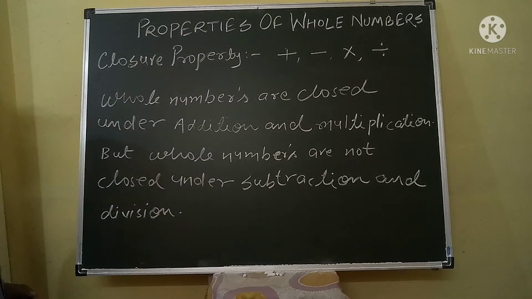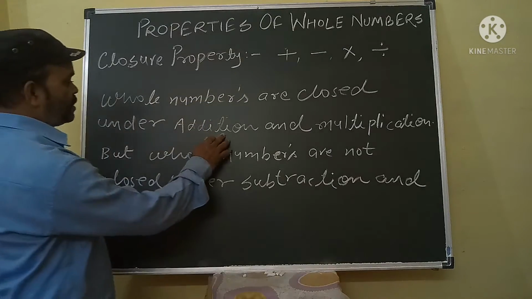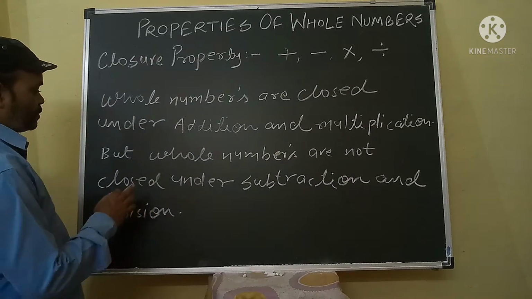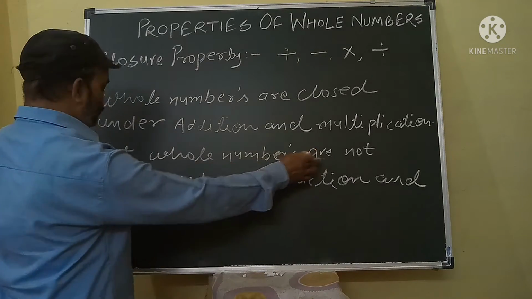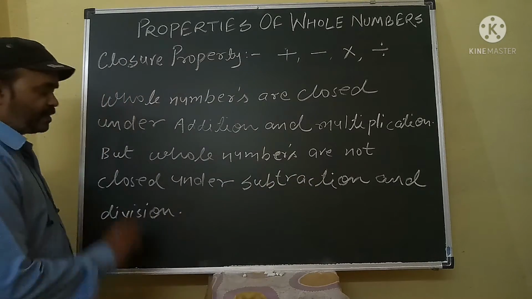Okay, that is the main basic point. Whole numbers are closed under addition and multiplication, but whole numbers are not closed under subtraction and division.